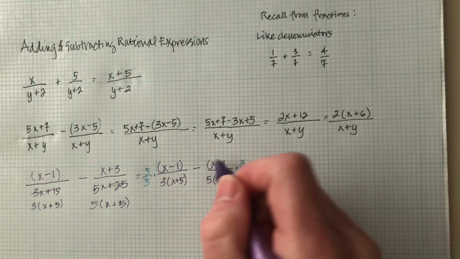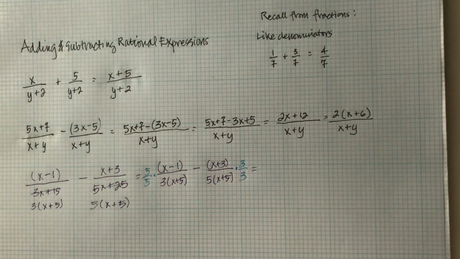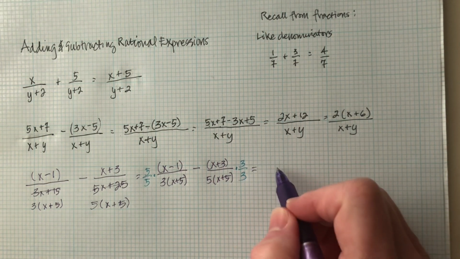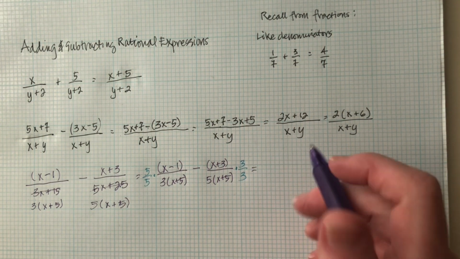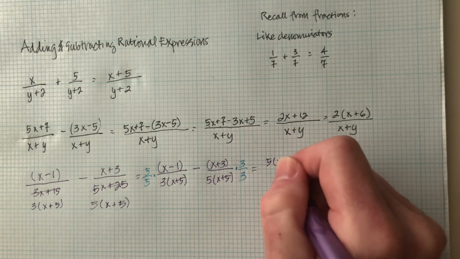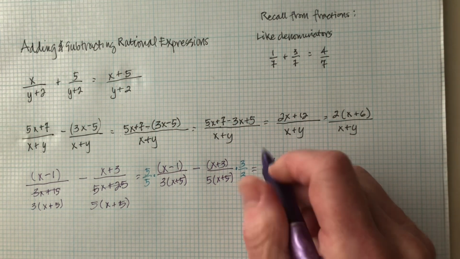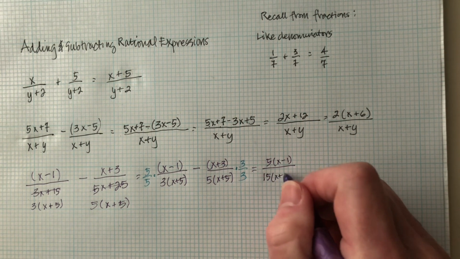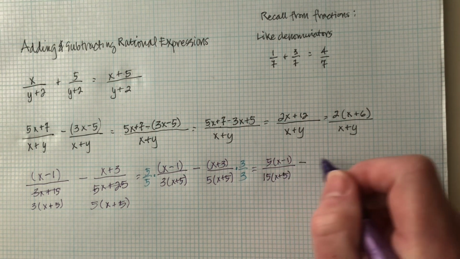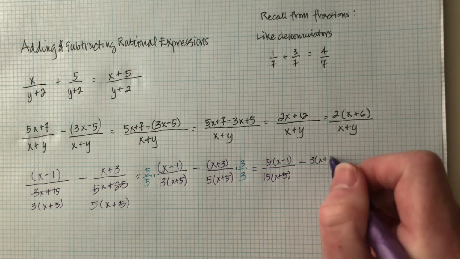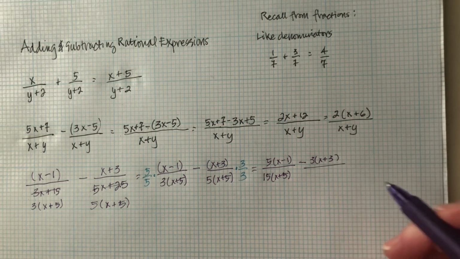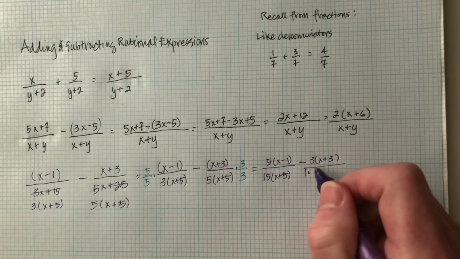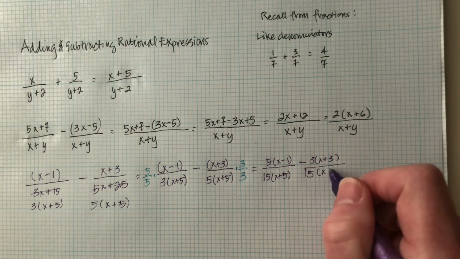So let me put this in parentheses now. So I can rewrite this as 5 times x minus 1 over 15 times x plus 5 minus 3 times x plus 3 over 15 times x plus 5.